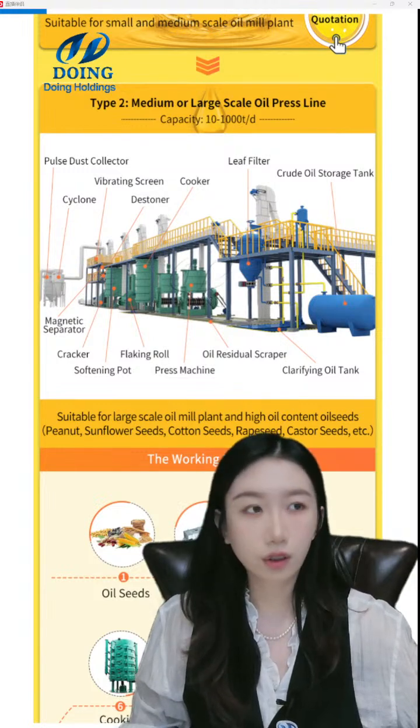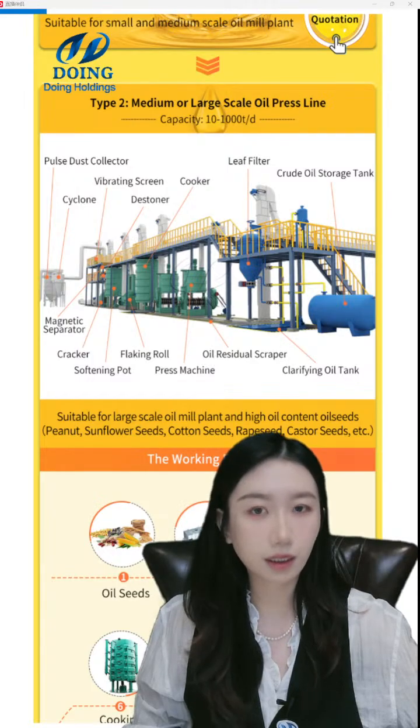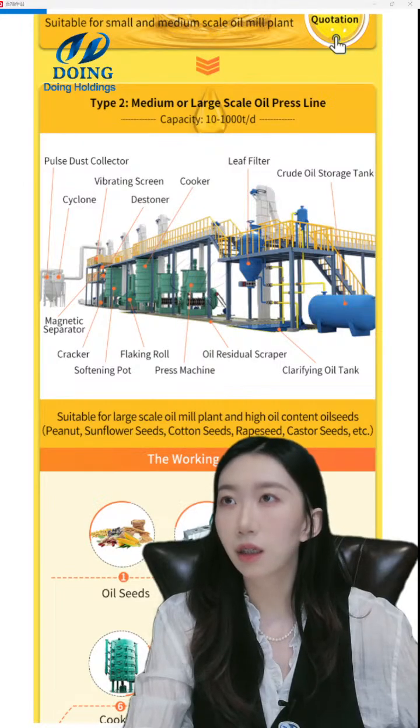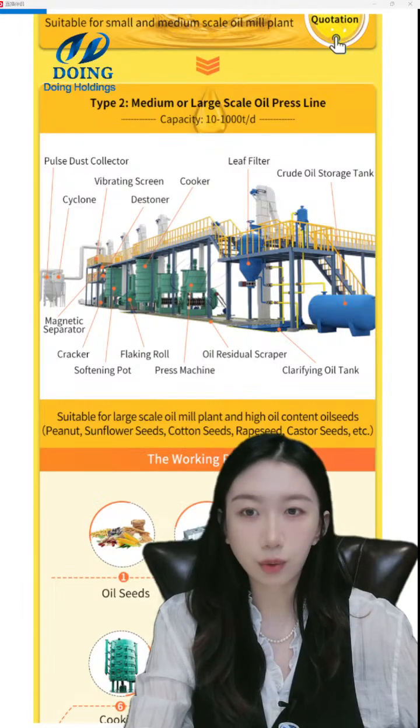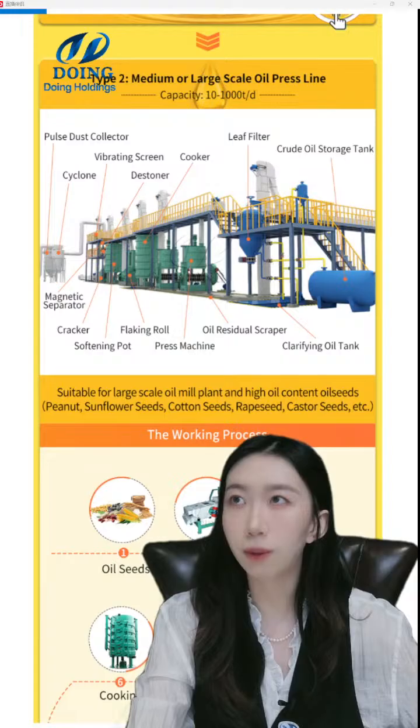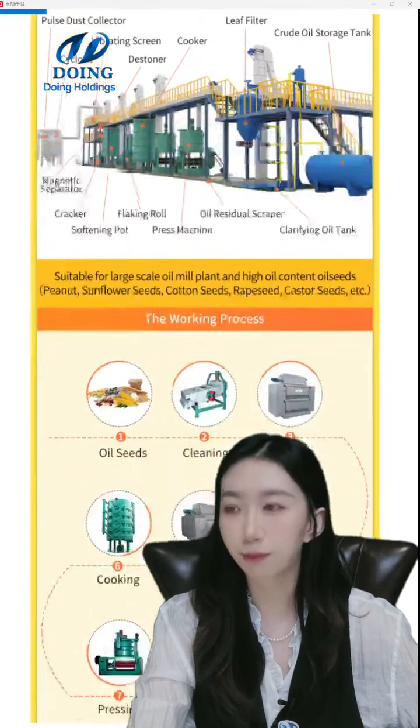It includes pre-treatment equipment. This production line can give you high quality crude oil and high yield, so it's suitable for a medium or large scale oil press line.